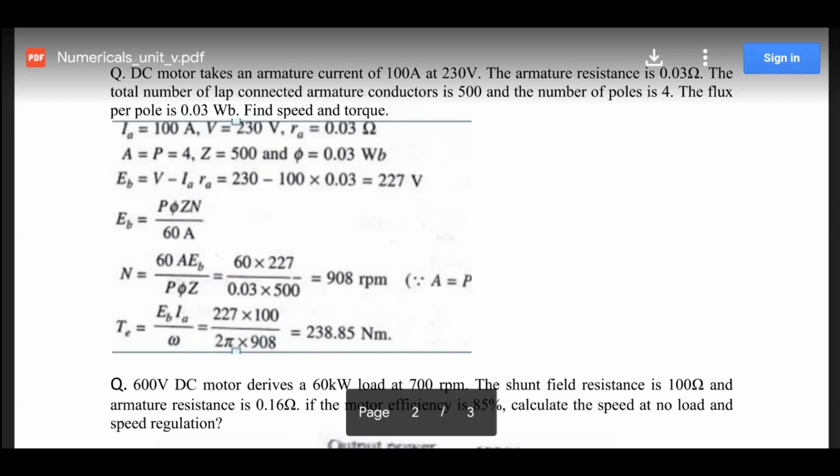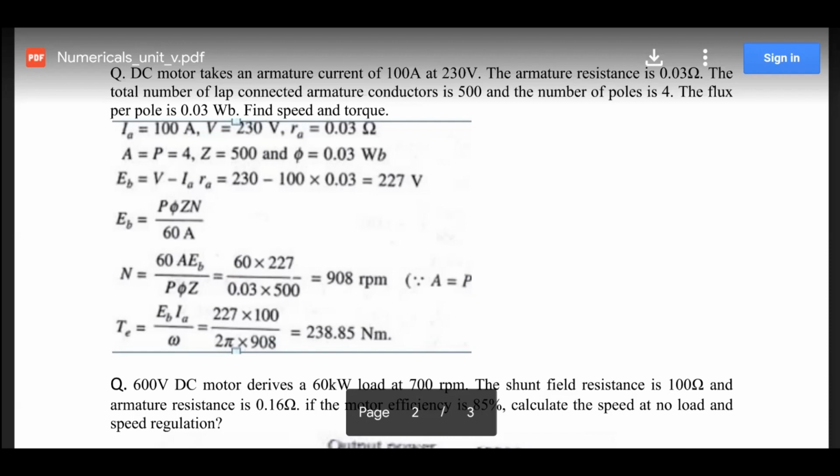So, this Eb is equal to the voltage which is supplied, and now it is subtracted by the drop across the armature. Okay, so 230 volts was supplied and the drop is Ia Ra, so 100 into 0.03, so Eb is equal to 227.